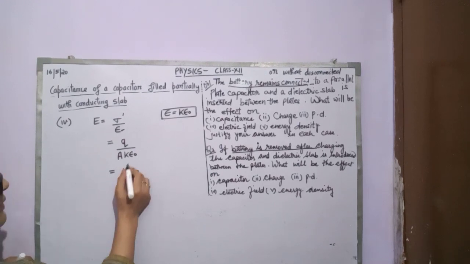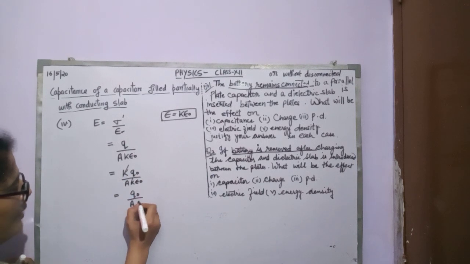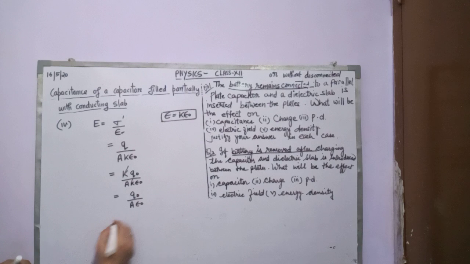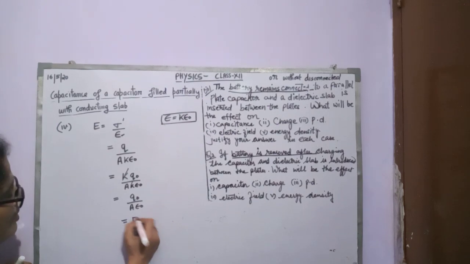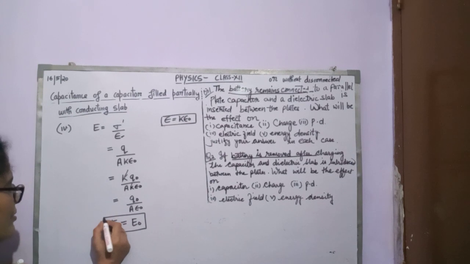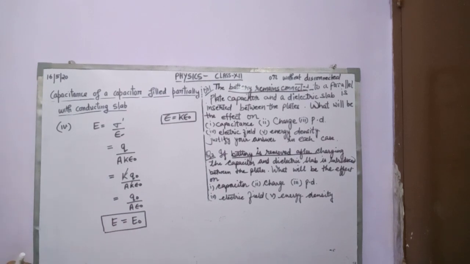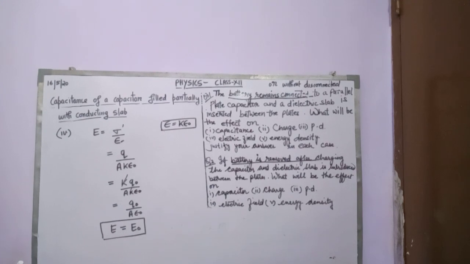Now the K cancels out. This is equal to Q naught upon A epsilon naught. And you know this is your E naught. That means there is no change in the electric field when a dielectric slab is inserted between the plates.